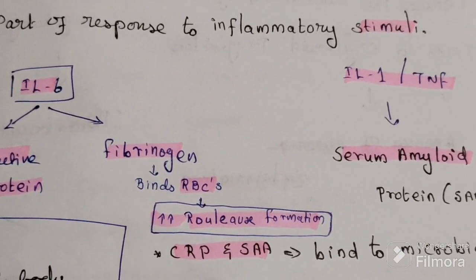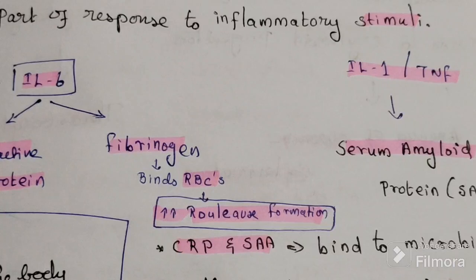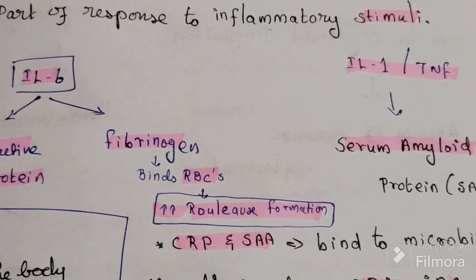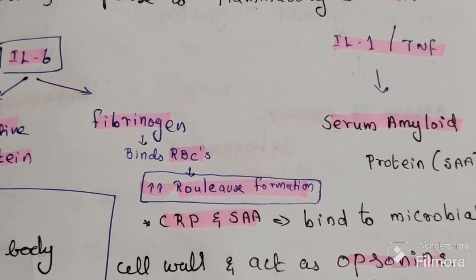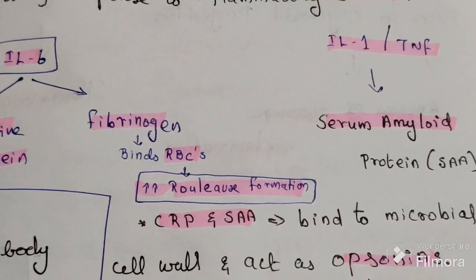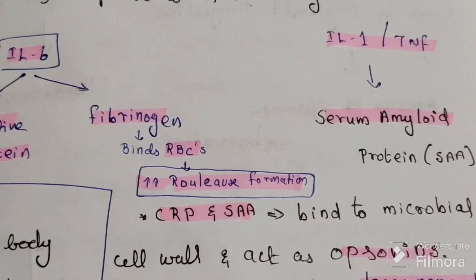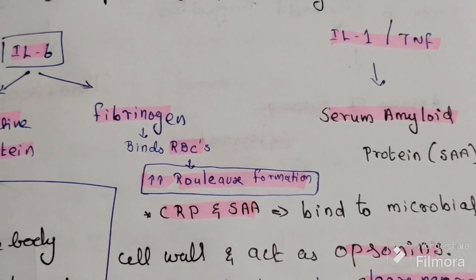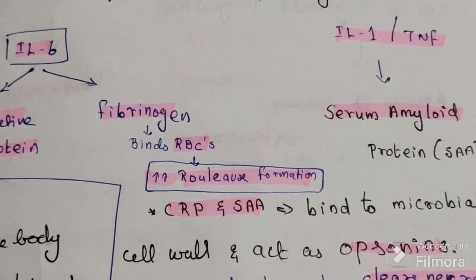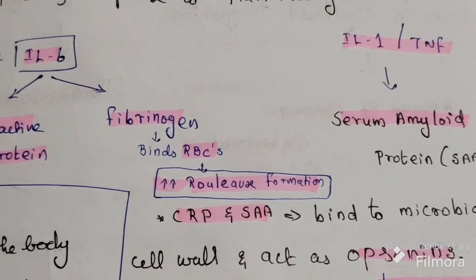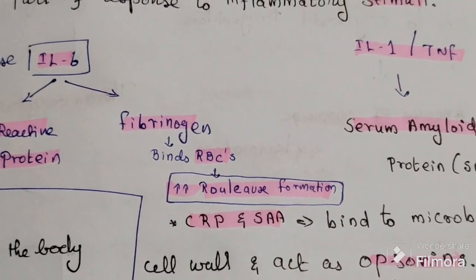This is the reason for increasing ESR in inflammation: fibrinogen binds RBC and forms rouleaux. One of the stages of ESR is the formation of rouleaux, then sedimentation. Now we know the beneficial effects of acute phase reactant proteins.